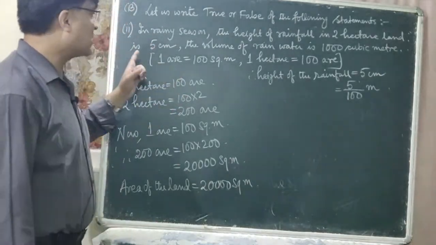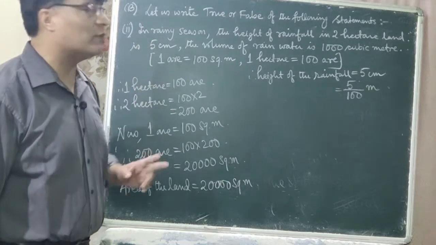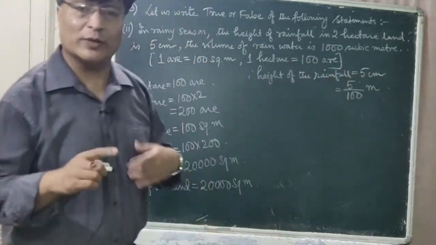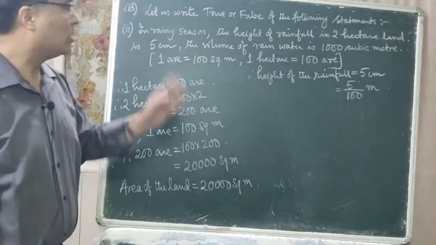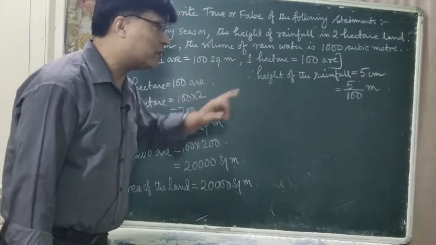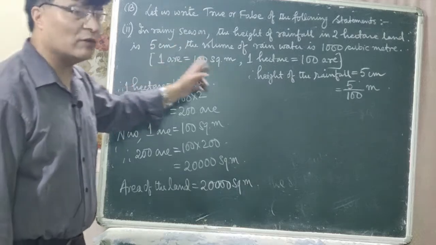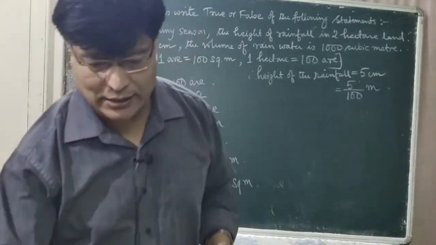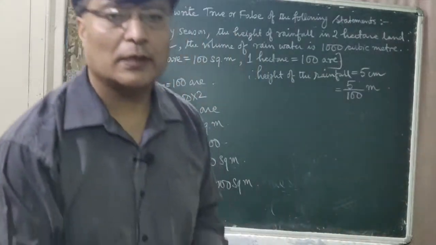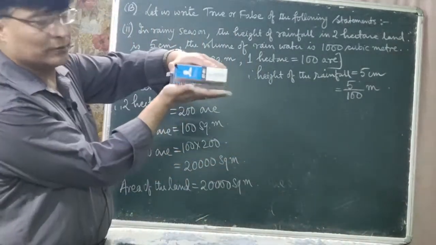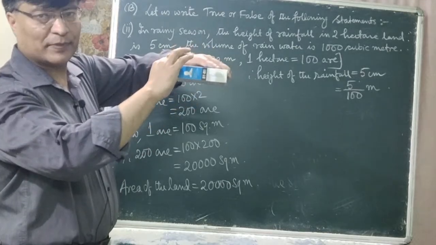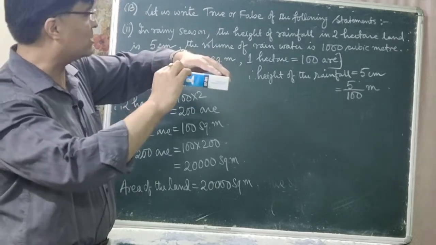Now in this case you are asked to find out the volume of rainwater. Volume of water is this much, 1000 cubic meter. Whether it is correct or wrong, you have to check it. So how can you find out the volume of rainwater? That is area of the land into height. अघि नै मैले भने, यो ल्यान्ड हो, ठीक छ? यहाँ पानी पर्यो, त पानीको हाइट चाहिँ कति भयो?